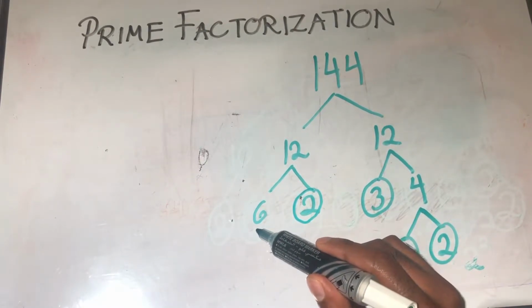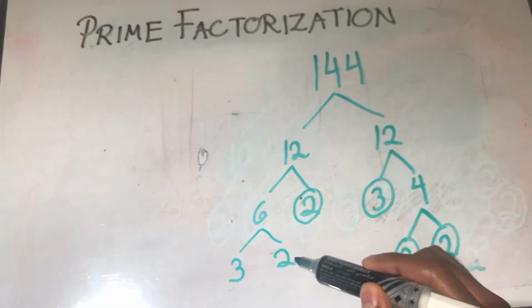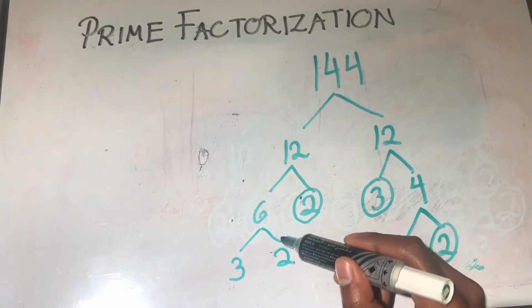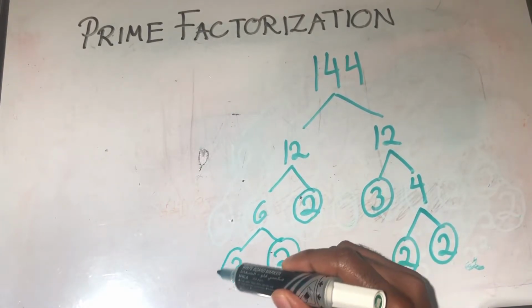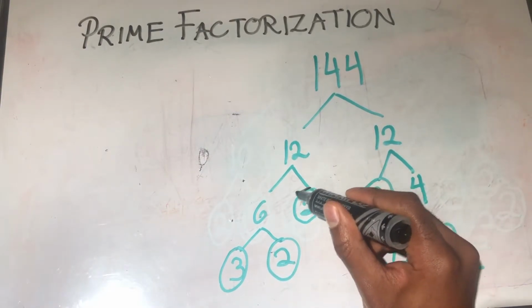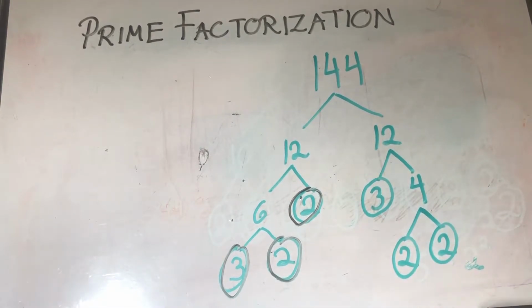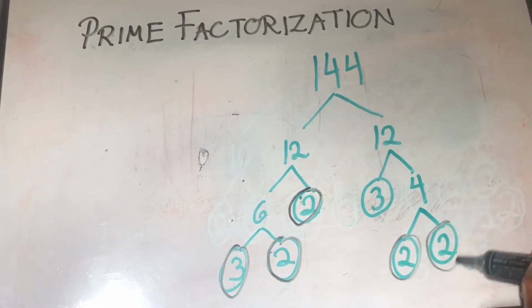We have 6 that can be broken down into 3 and 2. 3 and 2 are both prime numbers, so we can go ahead and circle them. Notice how we ended up with the same exact prime numbers. We have 2 2's here and a 3, and we have 2 2's here and a 3 as well.